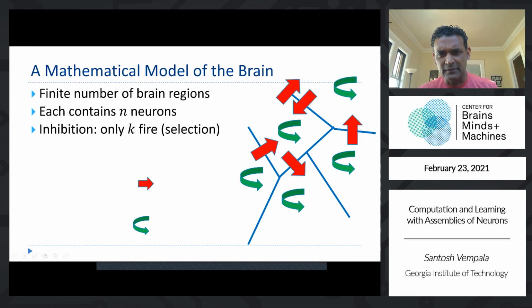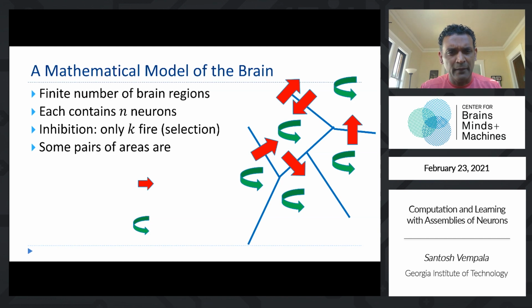And this step here, let me just remark, is inhibition. Everybody might want to fire, but only the top k are allowed to fire. One of the beautiful things that has been well understood is the brain's mechanism for quickly regulating how many neurons are firing. So this is an abstraction of that.